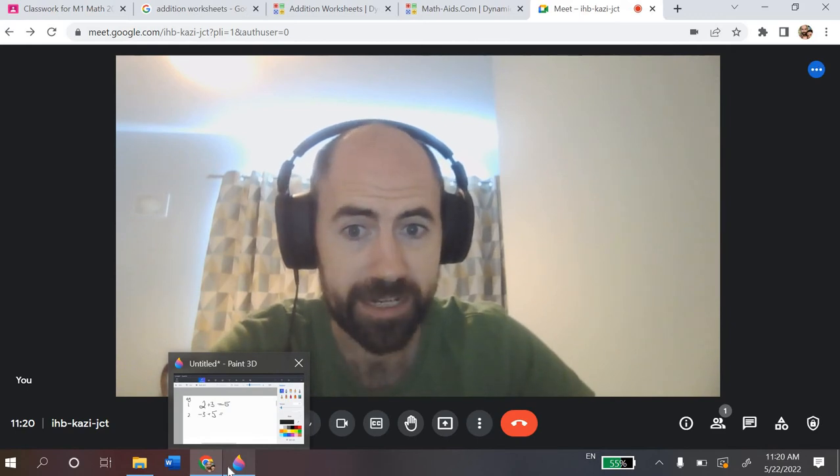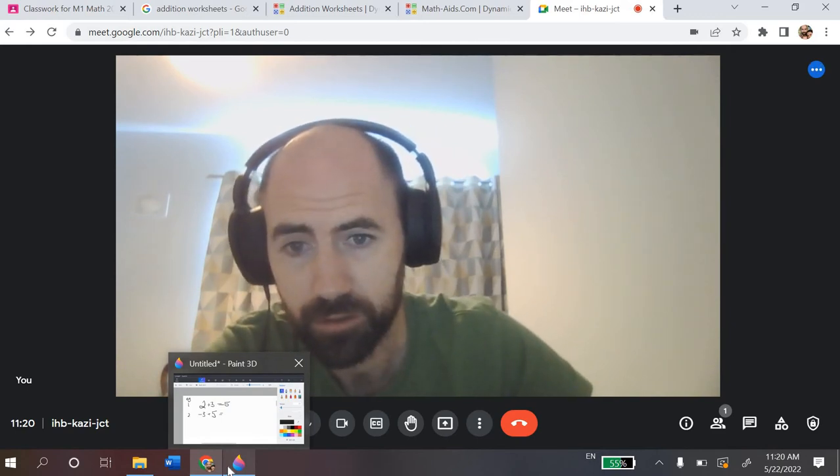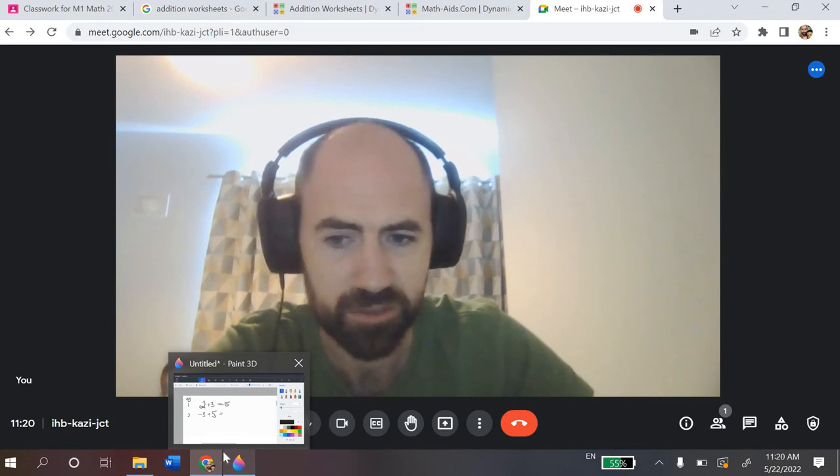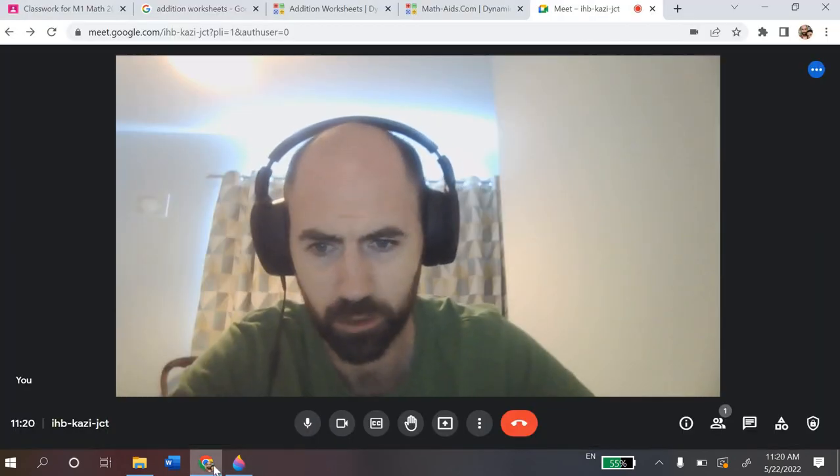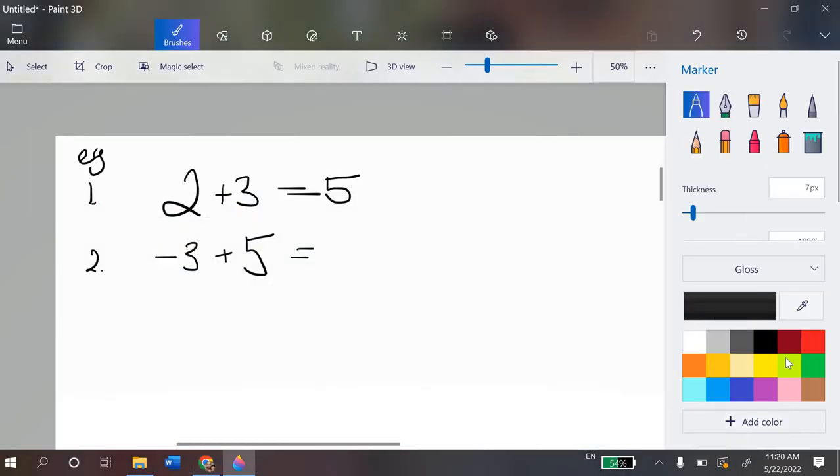Which number is the bigger number? Don't look at the negative. Look at the 3 and the 5. Which number is bigger? Yes, 5 is bigger.